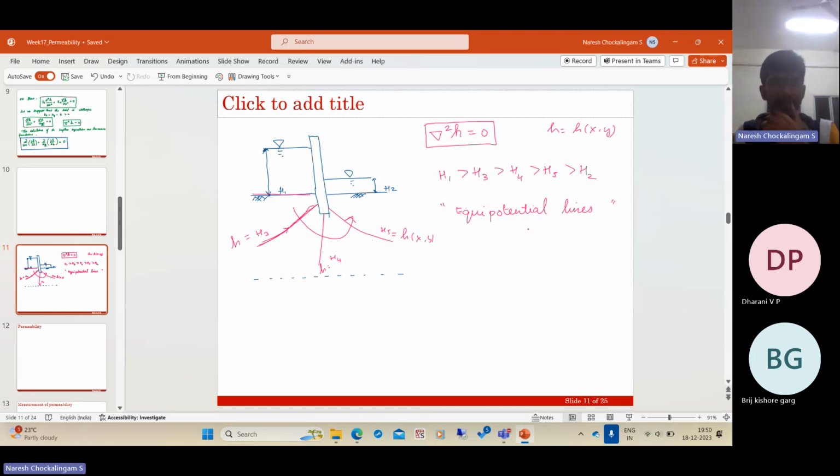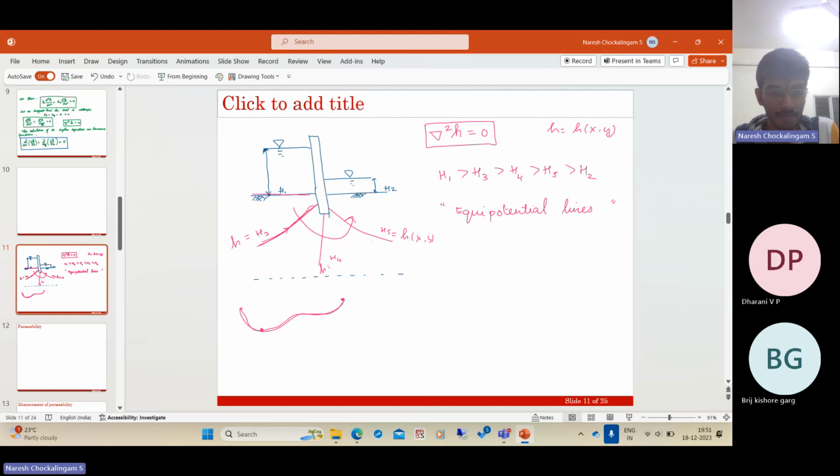Now let us consider what is called a flow line. Suppose there is water, and say this is a flow line. This is the path taken by a water molecule.